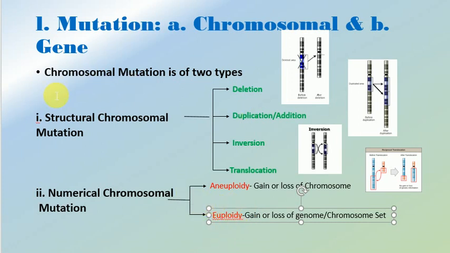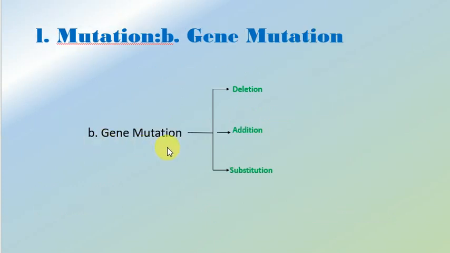Now we will study the gene mutation. The gene mutation is of three types. The gene mutation is also known as the point mutation, because here a part of a gene, that is the nucleotides, gets either added or deleted, or it may be replaced.